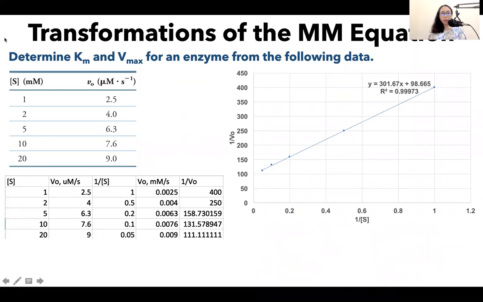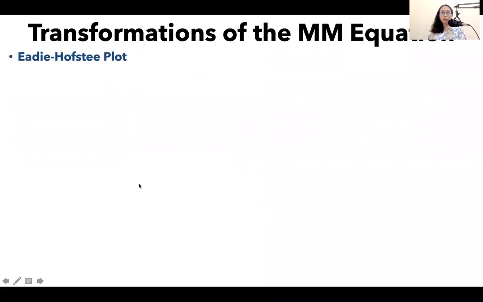Aside from the Lineweaver-Burk equation, we also have another transformation of the Michaelis-Menten equation. It's called the Eadie-Hofstee plot. It is derived by, again, starting from our Michaelis-Menten equation, we cross-multiply this.